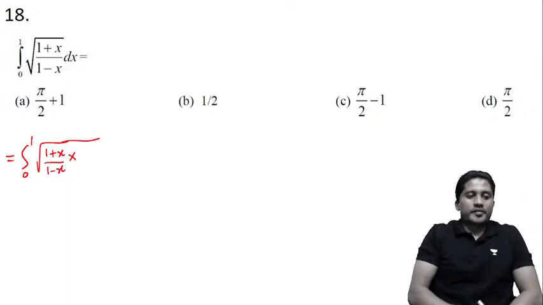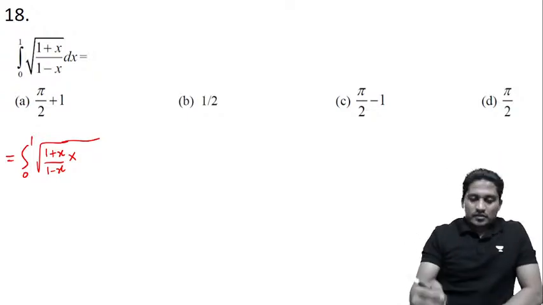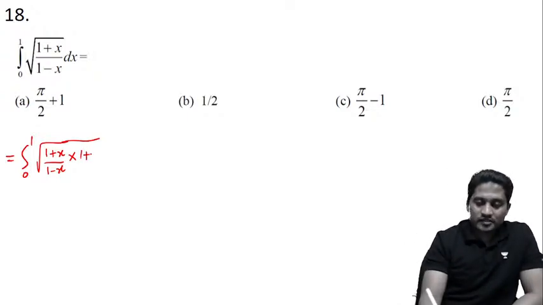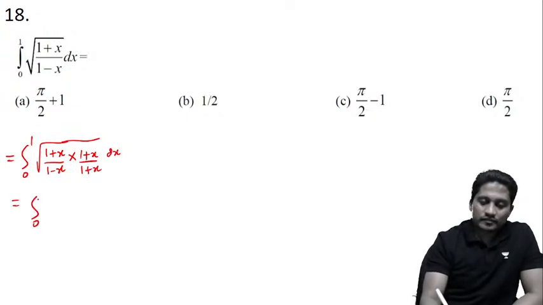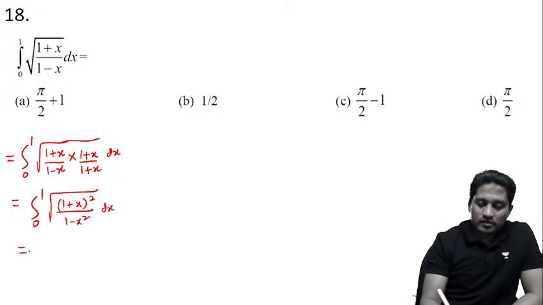I'll rationalize the denominator. I'll multiply by (1 plus x) upon (1 plus x) dx. This is 0 to 1 root of numerator is (1 plus x) the whole square. a plus b into a minus b is a square minus b square. You get (1 plus x) by root of (1 minus x square) dx.